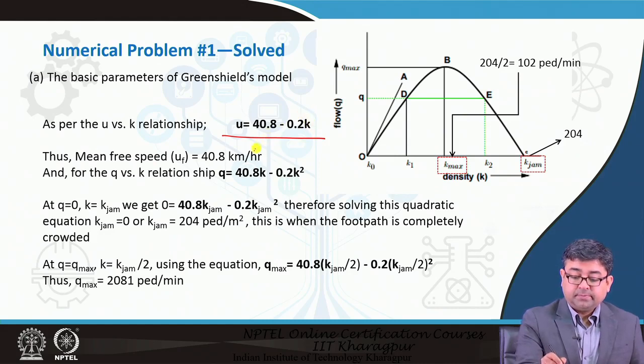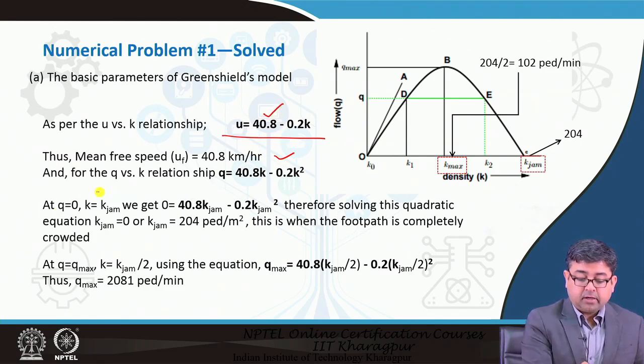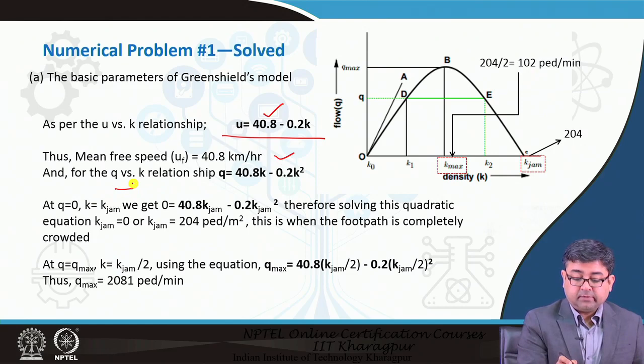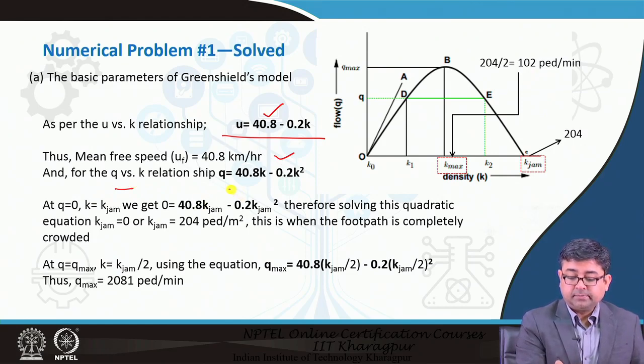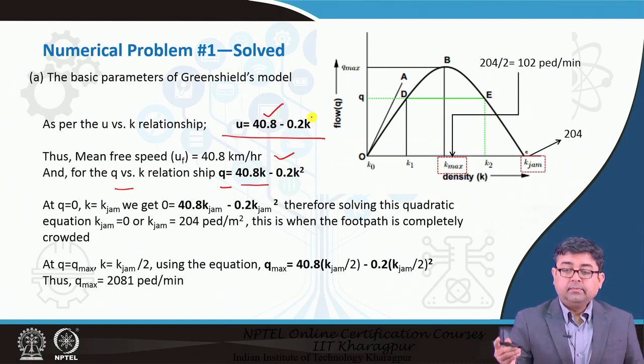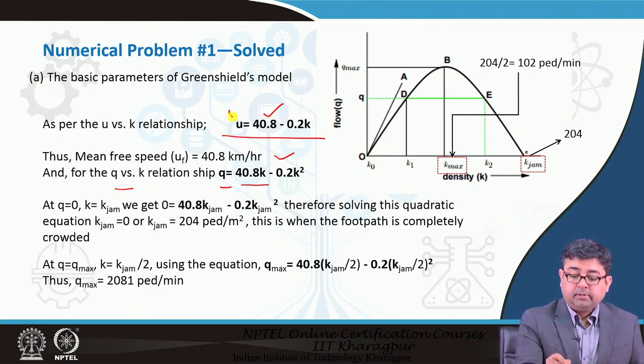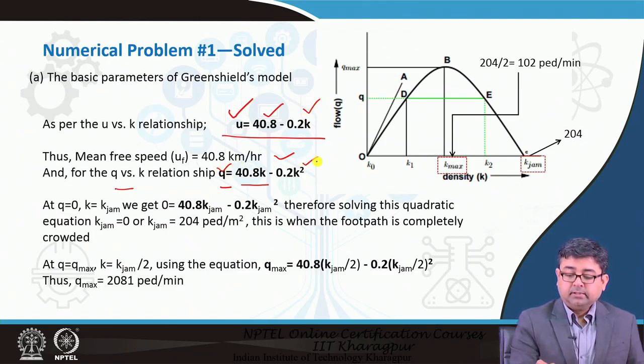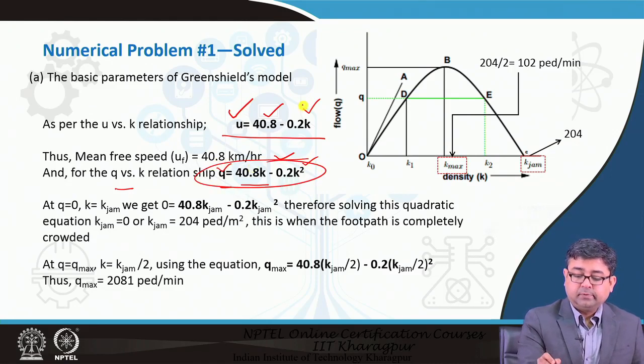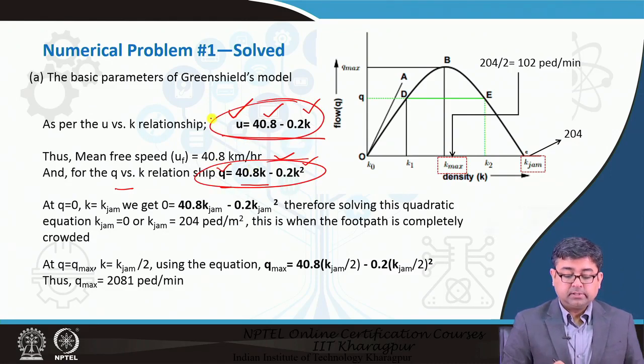So, mean free speed is equal to 40.8 kilometer per hour, and for the equation of q versus k, the relationship now becomes q is equal to 40.8k minus 0.2k squared. Remember how we derived it earlier, how we moved from the relationship between u and k to a relationship between q and k. This is a parabolic relationship, whereas that is a linear relationship.